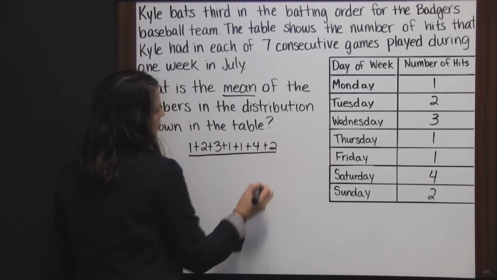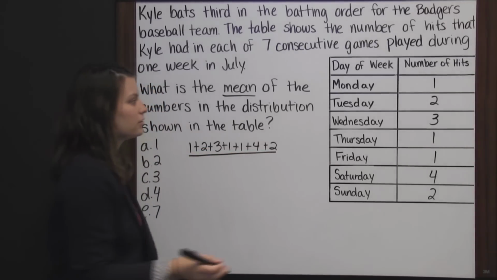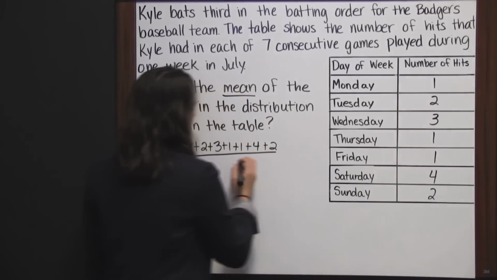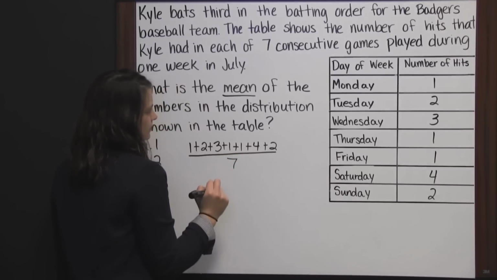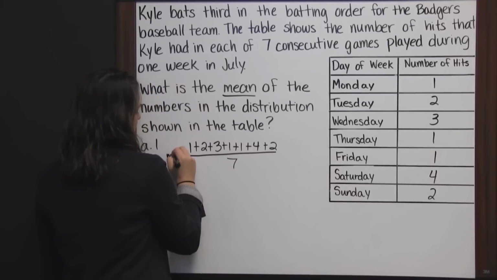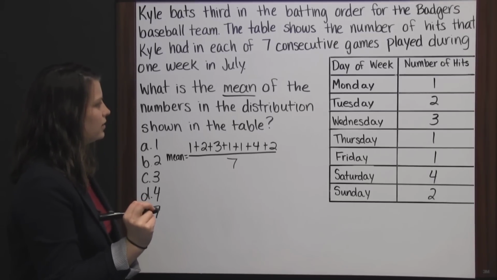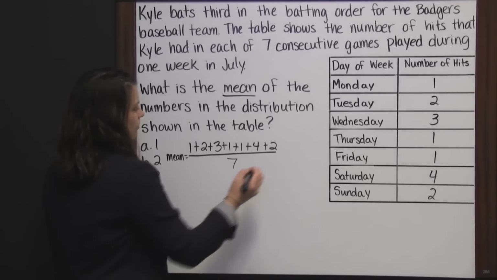Then we divide by the number of numbers there are, which is 1, 2, 3, 4, 5, 6, 7. So we divide by 7. And again, this is how we find the mean. Add the numbers together and then divide by the number of numbers there are.